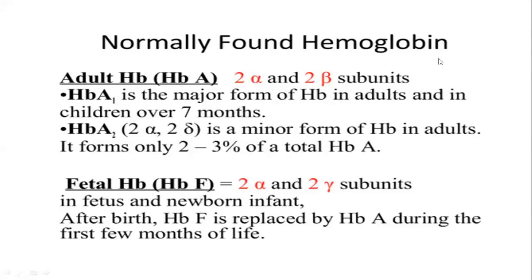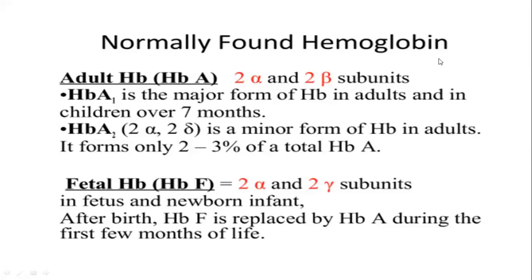So fetal hemoglobin, which is supposed to be found in the fetus, is basically a combination of 2 alpha and 2 gamma. You notice that the 2 alpha is a common polypeptide. The others tend to vary, and that is what gives the variations in hemoglobins.